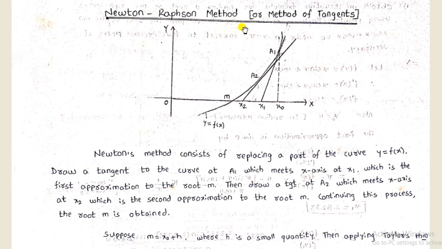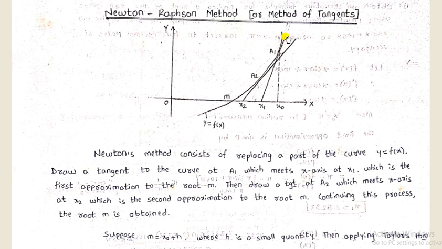Newton-Raphson method, or it is also called the method of tangent. Here y is equal to f of x is a continuous curve. For this curve we will draw a number of tangents. So draw the first tangent, which touches the curve at the point a1 and meets the x-axis at x0.